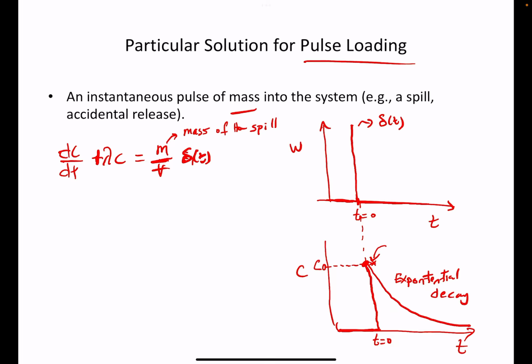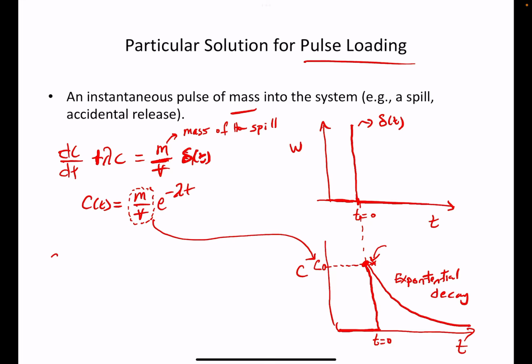And then if you solve this equation, you're going to have C(t) equal to mass over volume times e to the power minus lambda t, and this mass over volume is equal to C naught, the initial concentration of the organic at time equal to 0.